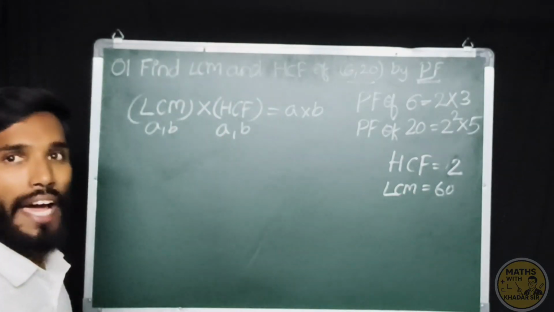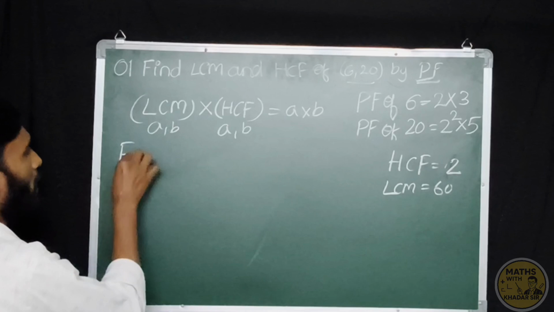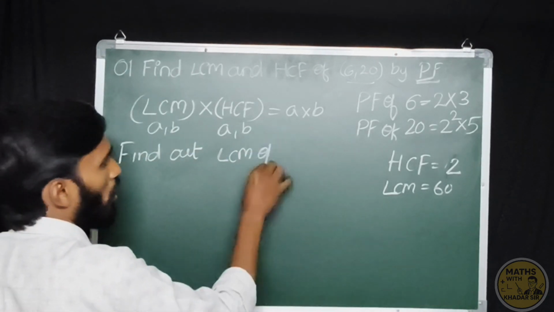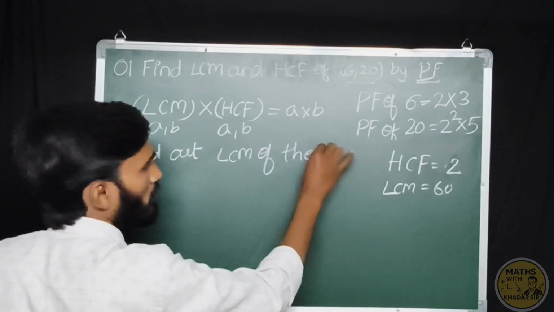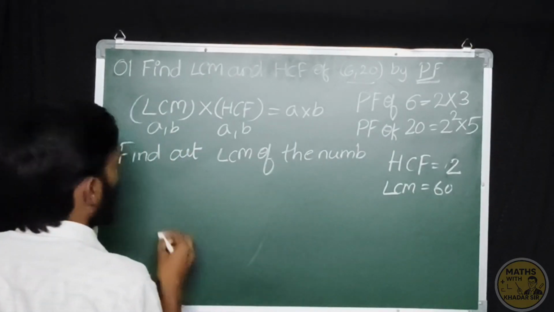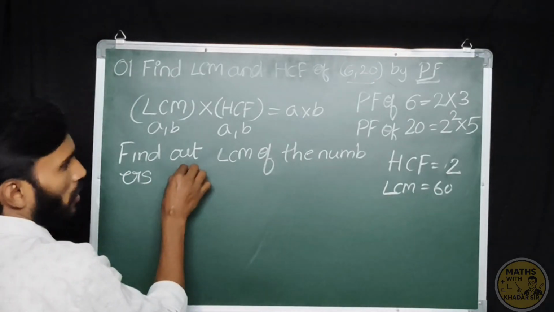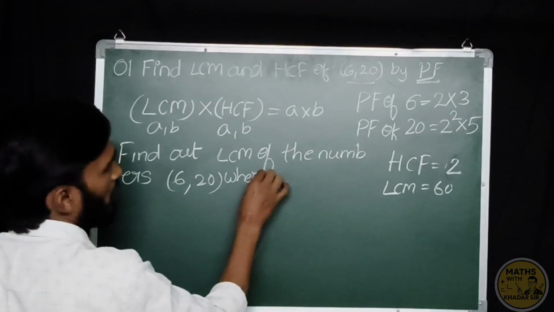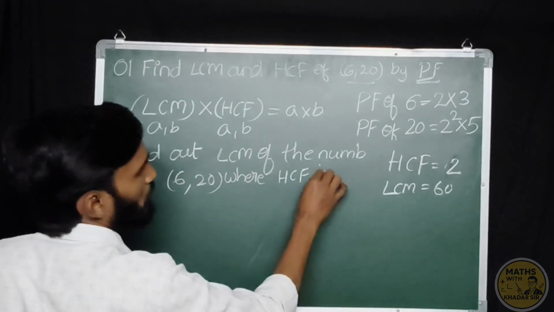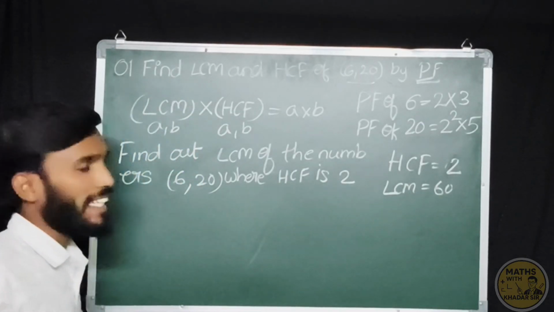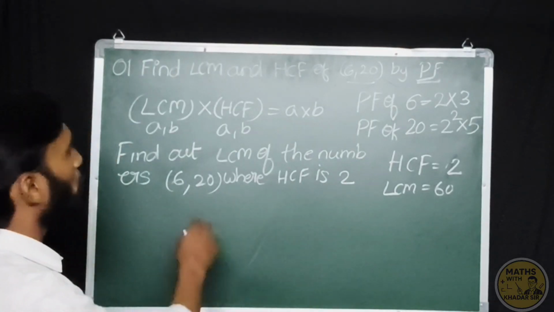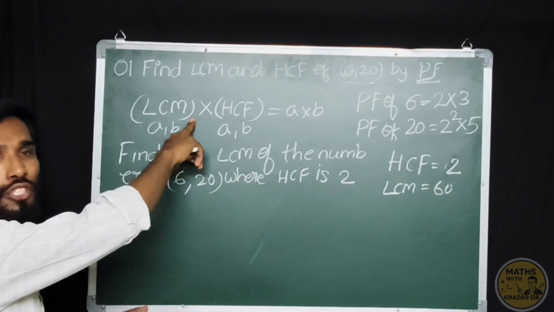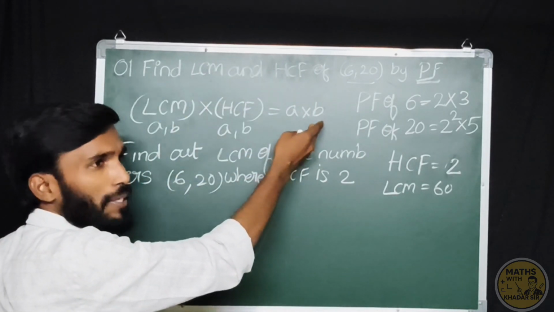For example, I am asking: find the LCM of the numbers 6, 20 where HCF is 2. They gave the HCF. Now we have this formula. This side it is into, now it will go to the other side, it will be by.